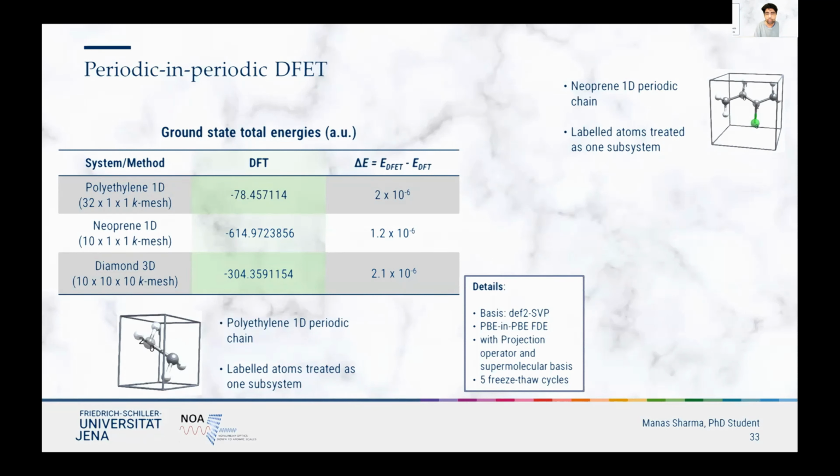And basically, how the system was defined was that, for example, if you consider the polyethylene 1D periodic chain, then the labeled or the transparent atoms were considered as one subsystem, while the remaining atoms were considered as the other subsystem. And then you perform embedding iteratively using freeze and thaw. And also this supports multiple K points. So it's not just gamma point, you can do it for multiple K points, multiple periodicities.